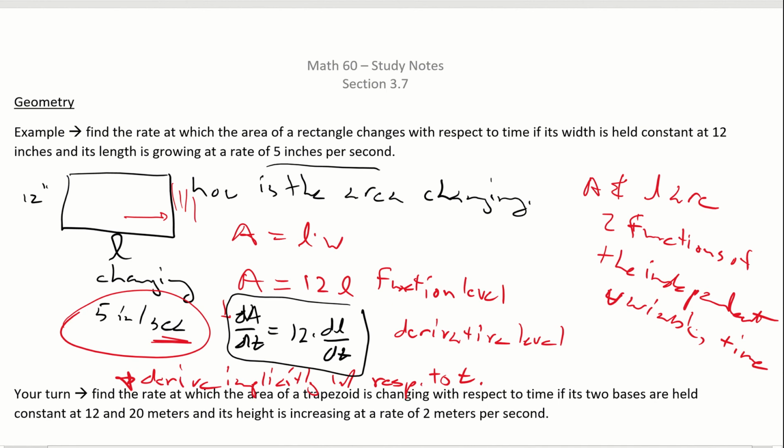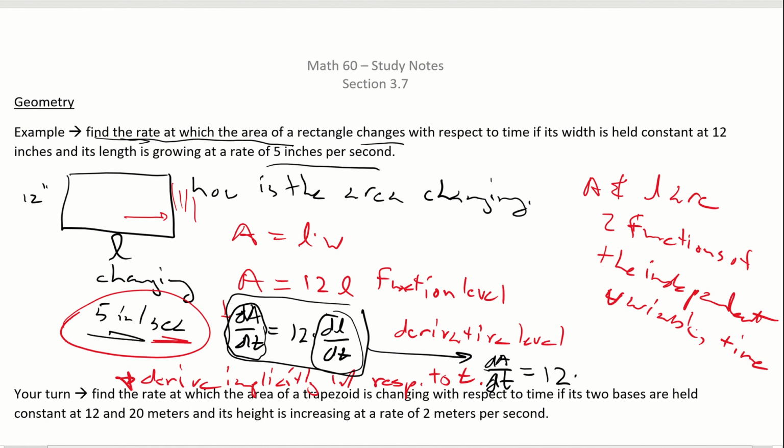What are we looking for? Find the rate at which the area changes. This guy I'm circling right there, dA/dt, is the rate at which the area is changing. Okay? So we can do the problem. dA/dt is what we seek. That's the rate at which the area is changing with respect to time, and it's equal to 12 times the rate at which the length is changing with respect to time.